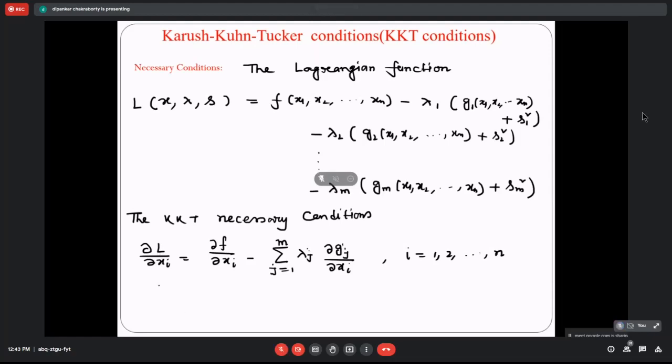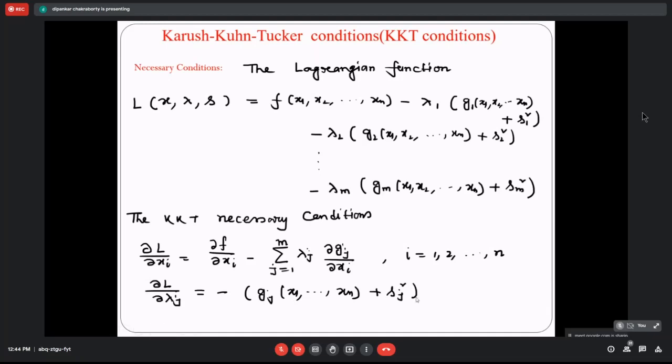Okay. Next is what? Partial derivatives with respect to lambda j. Then obviously partial derivative, as this term is free from lambda, this is going to be 0. So what is going to come? For lambda 1, you are going to get this. For lambda 2, you are going to get this. So for lambda j, you are going to get minus gj x1 to xn plus sj square.